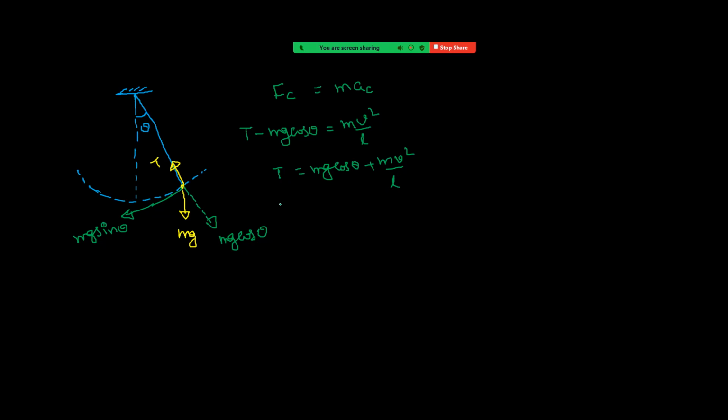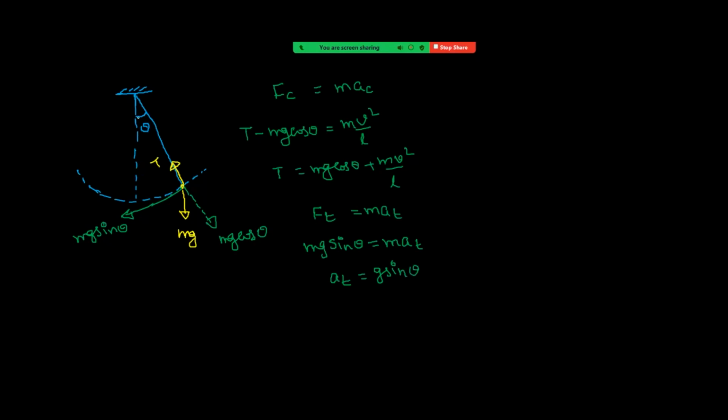Next, we can see one more point. Net force along the tangent is the tangential force, equal to mass into tangential acceleration. The tangential force is mg sin theta. Therefore, mg sin theta equals mass into tangential acceleration. So if they ask for the tangential acceleration, it is g sin theta.